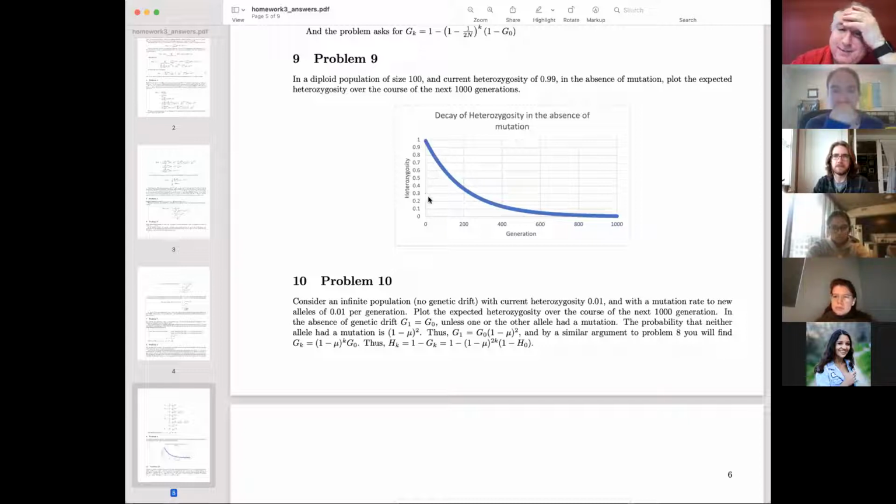So what does that have to mean? It has to mean some of the time p is going to frequency 1, and some of the time p is going to frequency 0, in such a way that the chance of it going to 1 times 1 plus the chance of it going to 0 times 0 is equal to the current frequency.